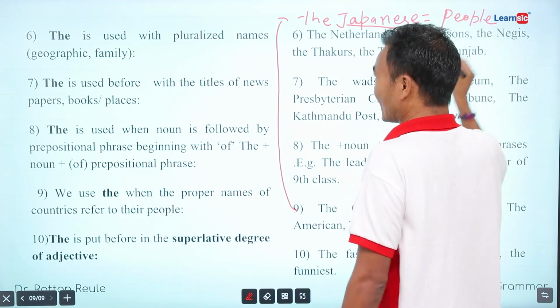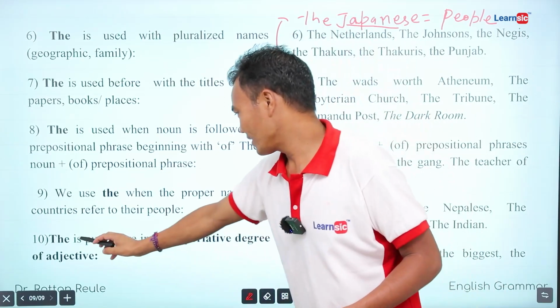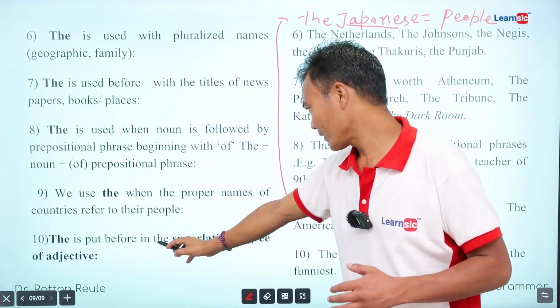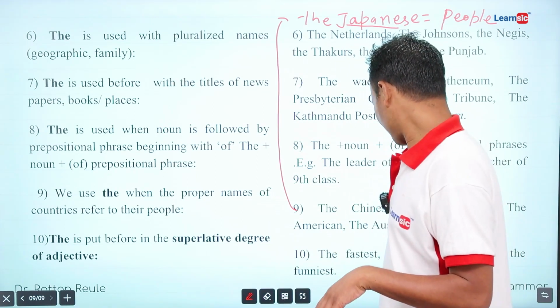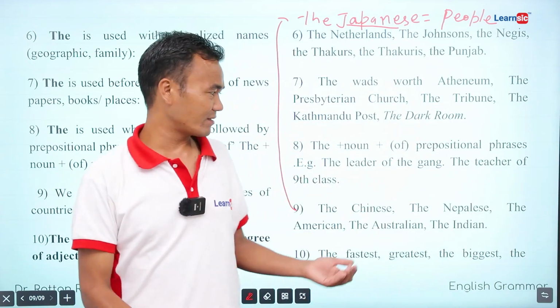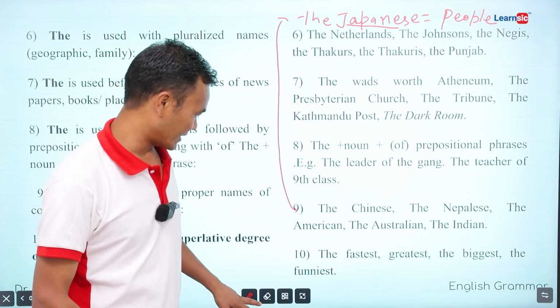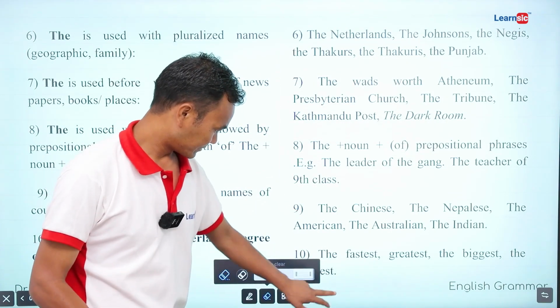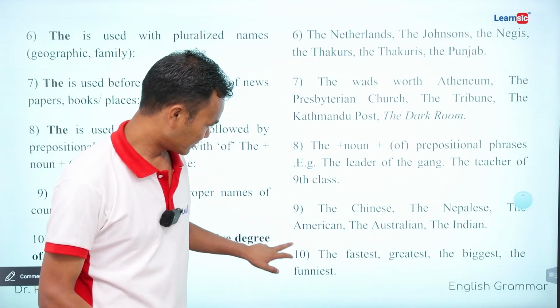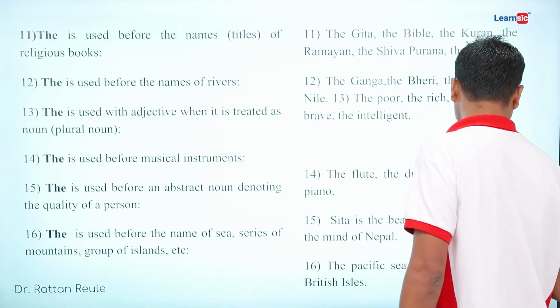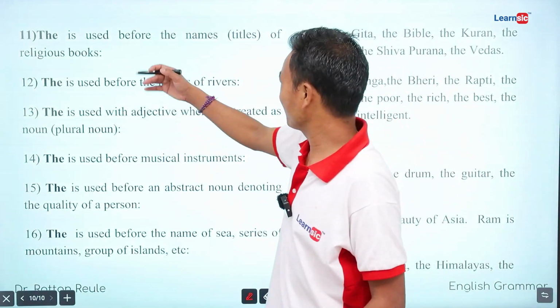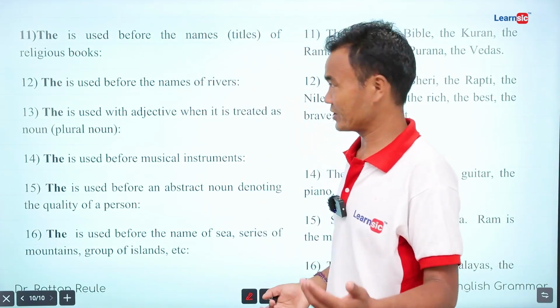Next example here, the is put before the superlative degree that we have already learned. The fastest, the greatest, the biggest, the funniest. In the superlative case, we have already learned. Well, class, the is used before the name or title of a religious book, right?